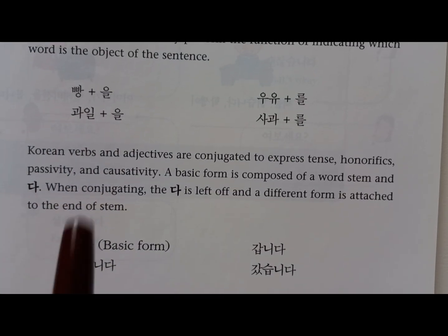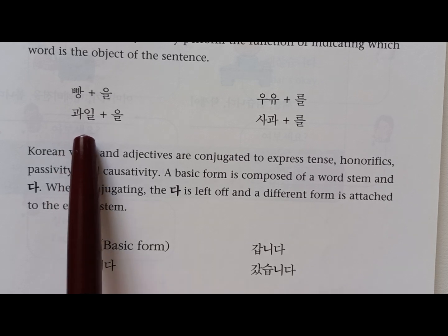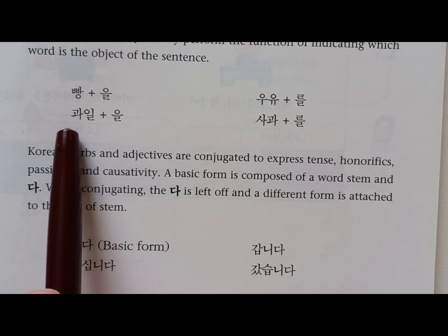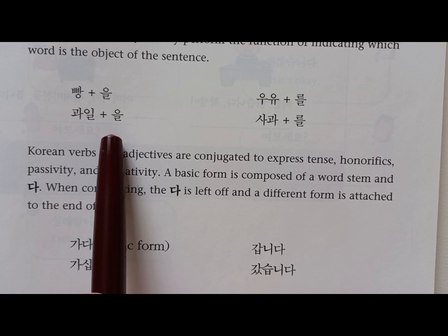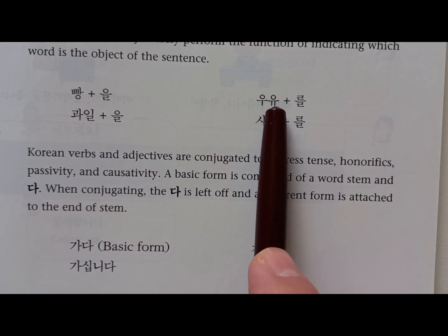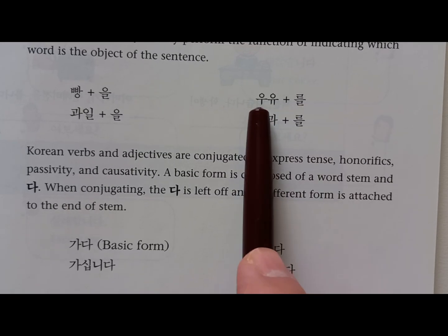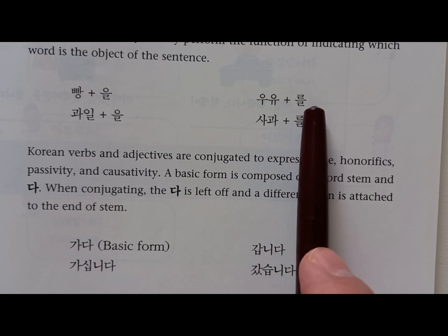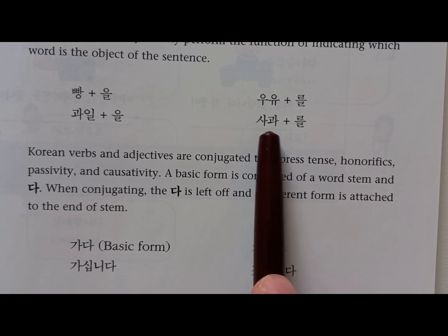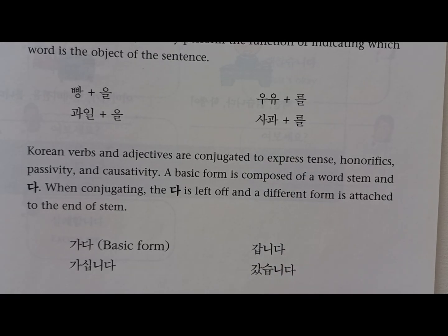We add 을, 빵을. 과일, a fruit. 과일을. 우유, the object ends with a vowel, so we add 를, 우유를. Milk, the milk. 사과, apple, 사과를.